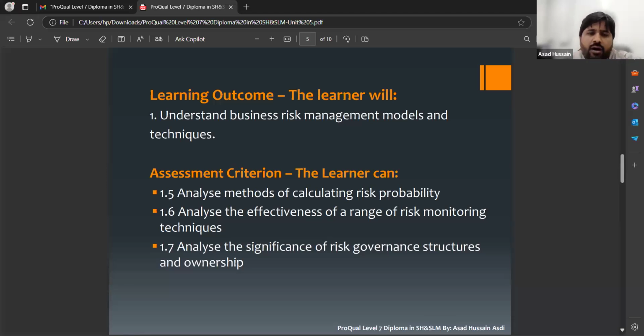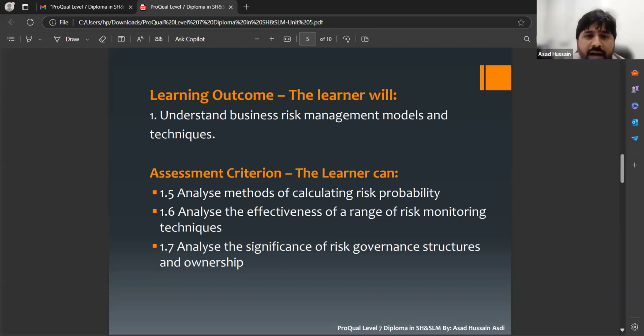First of all, the learner has to identify what business risk monitoring techniques their organization is implementing or using.